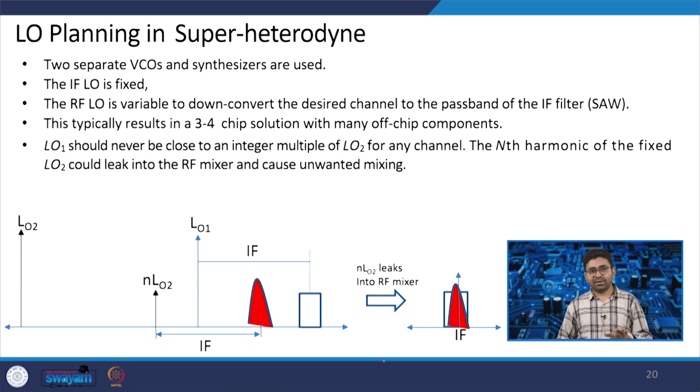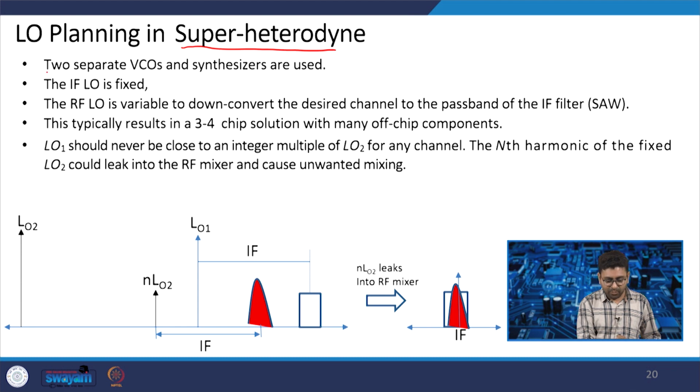If we try to choose some LO frequency which is a multiple of LO1, or some other LO frequency, we should keep these two or three things in mind before going to the other architecture. So, let us discuss the LO planning in the super heterodyne receiver. Whenever you are trying to design a super heterodyne receiver, you need to carefully plan the LO frequency.